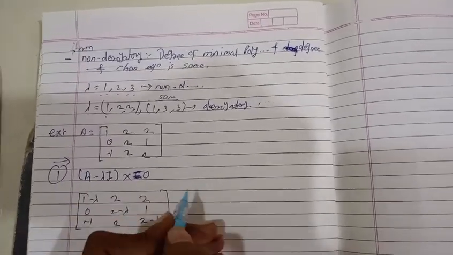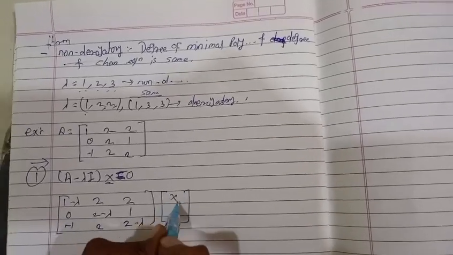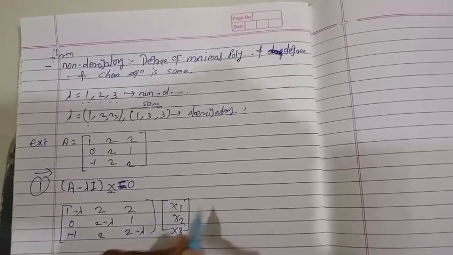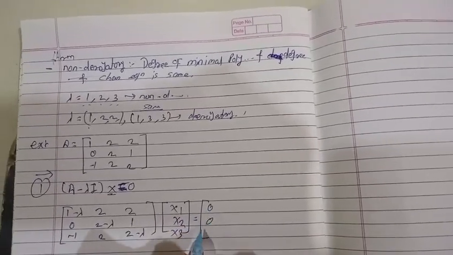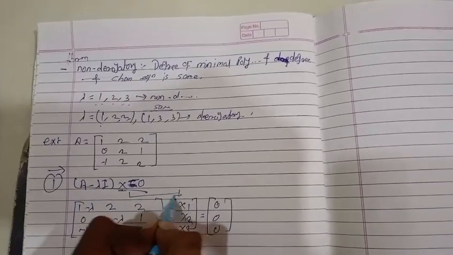For that form, x is x1, x2, x3, next is equal to 0, 0, 0, achieved like this.